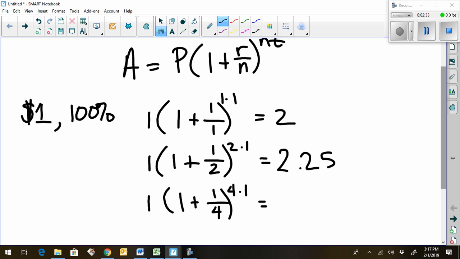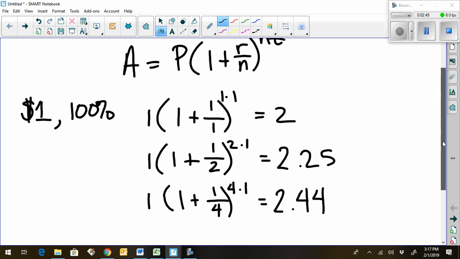So we end up with $2.44. Okay? And the decimals do keep going. So as we continue, we'll look at more of the decimals here. Well, let's say that we increase this.